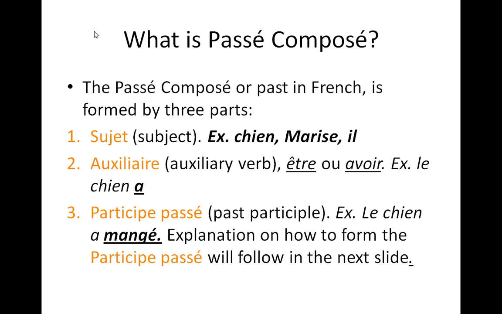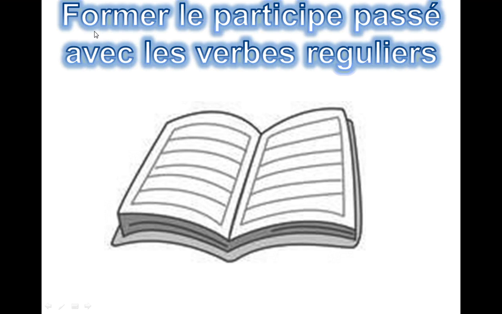In French, you usually use this longer form, and it has to have the subject, the auxiliary, in this case to have, and then the participe passé, which is mangé in this case, and eaten in English. If I give you another example, I have bought. Bought will be your participe passé or past participle. Now you have to know how to make the past participle in French, and we will explore this right now.